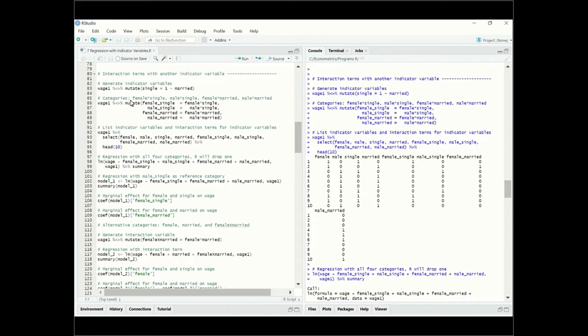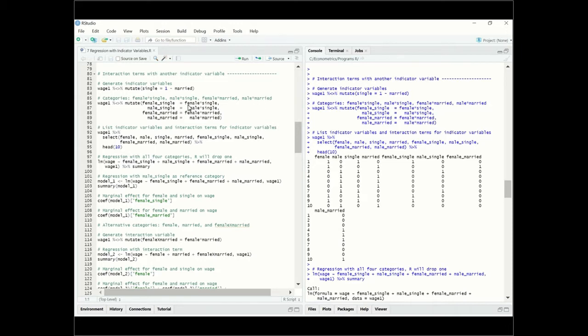So we also should calculate a few categories. Basically, I will be multiplying female times single, male times single, female times married, and male times married. So basically, I have all the 4 combinations of whether the person is male or female and whether the person is single or married.